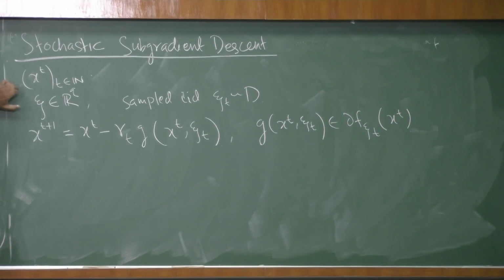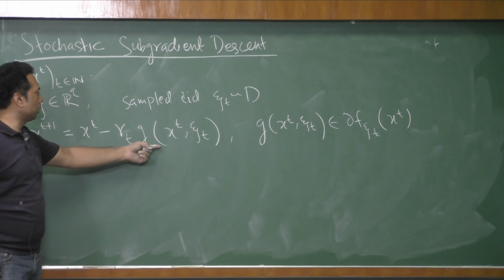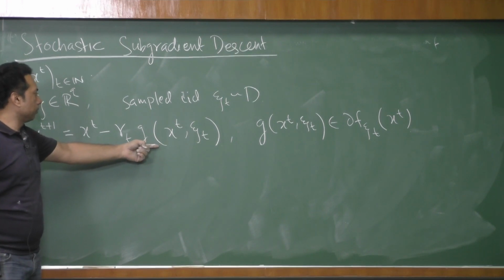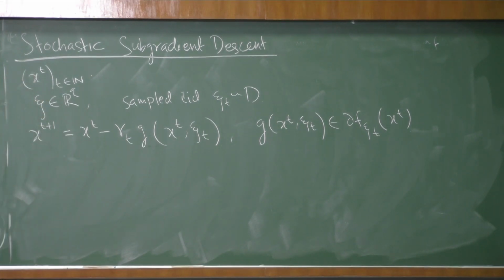It is a method where, in place of the usual gradient, you replace it by a subgradient. And that subgradient is also stochastic in nature.